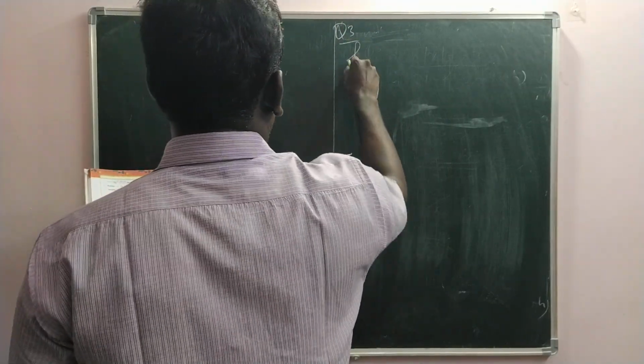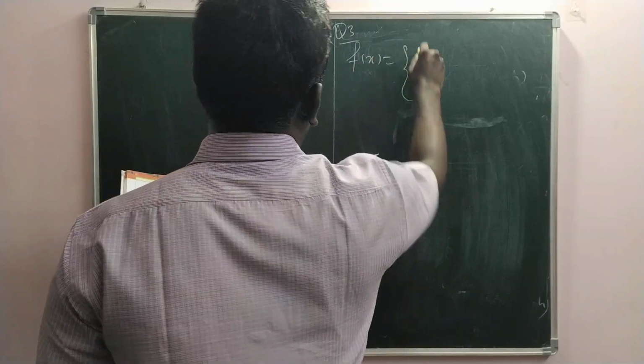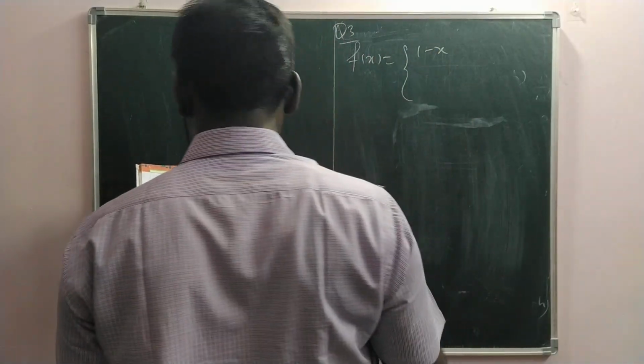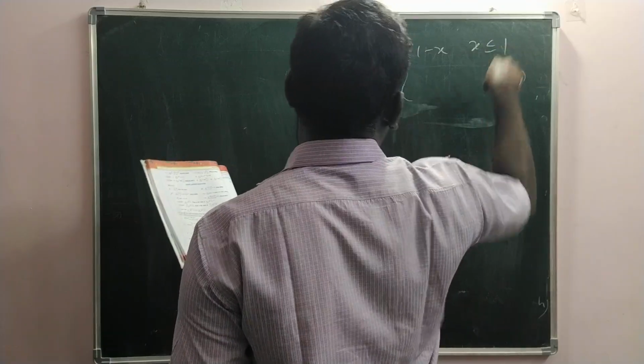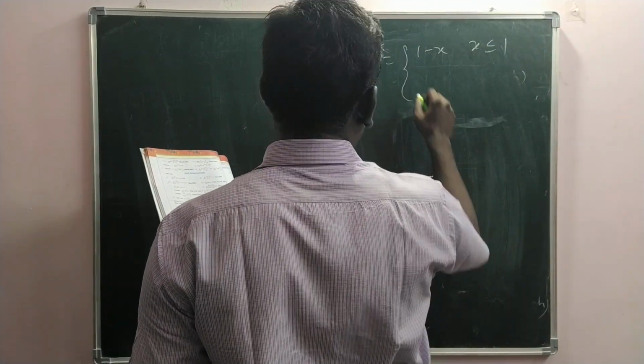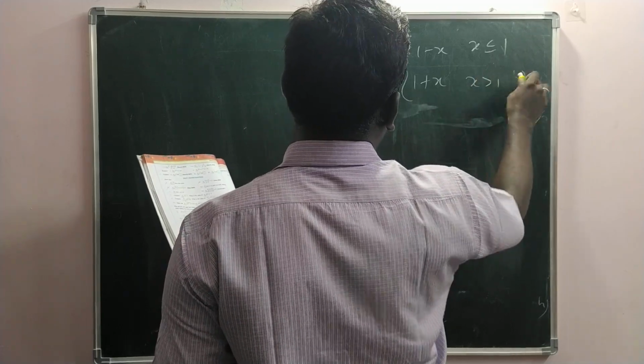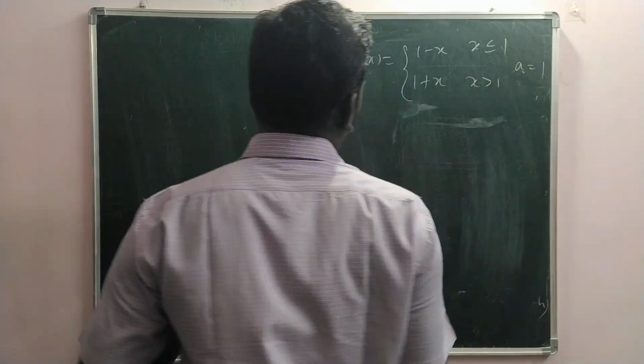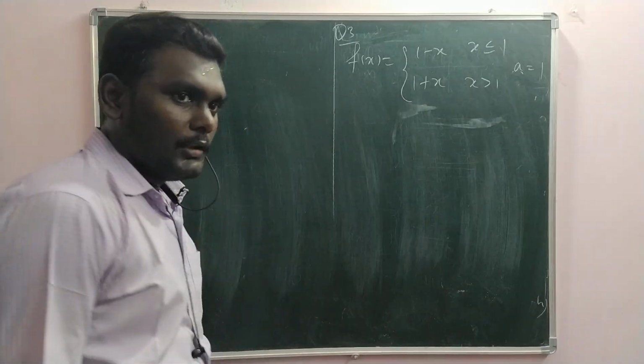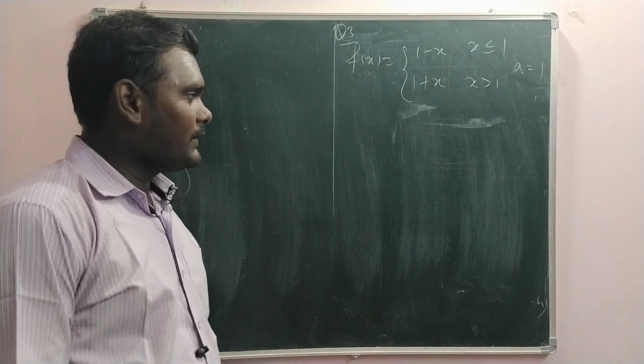And this third question, look at that. f of x is equal to 1 minus x if x is less than or equal to 1, and 1 plus x if x is greater than 1. At a is equal to 1, we should check. You apply left limit and right limit, can you say, or shall we do?